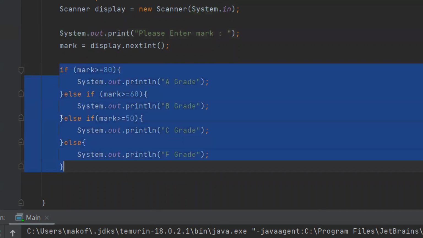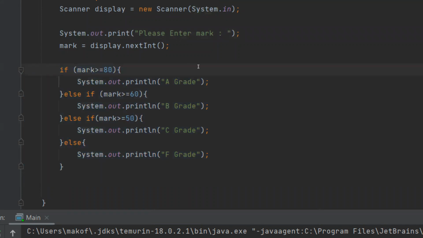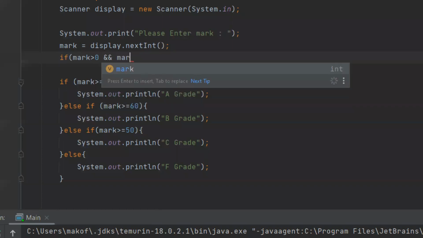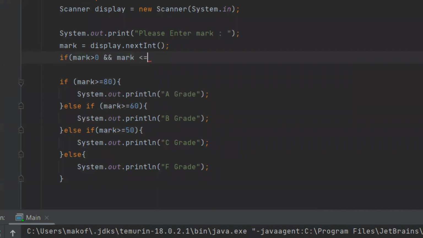Now, for those who are wondering what to do to stop me from entering 101 and all of those things, of course, I could put in an if statement at the top and say if, in brackets, the mark is greater than 0. Are we okay? And at the same time, very key, the same mark is less than or equal to 100.